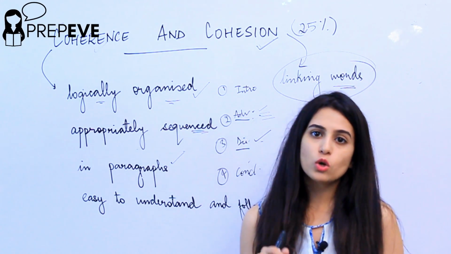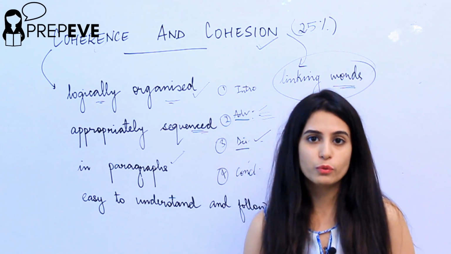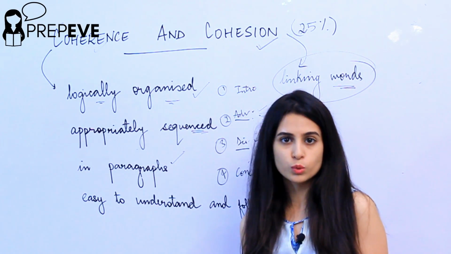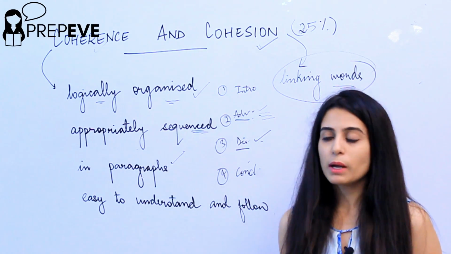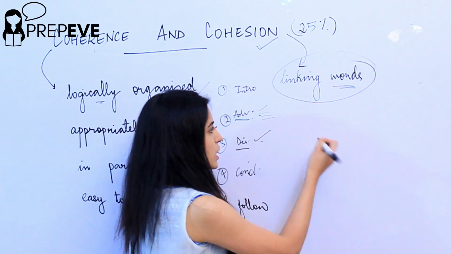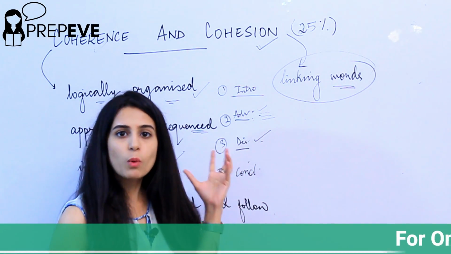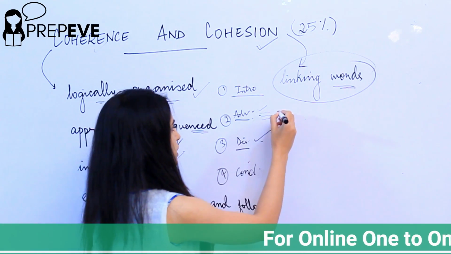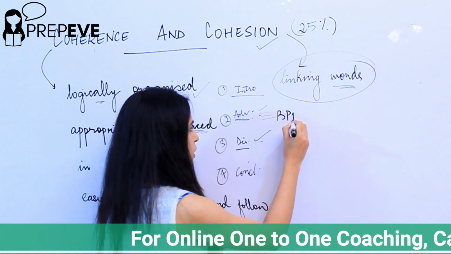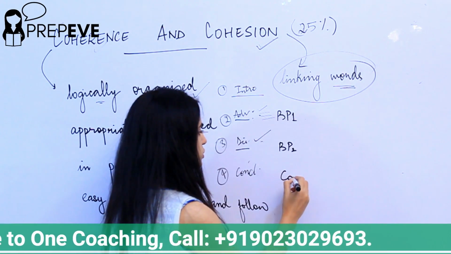So we have discussed all the different types of structures for different directives in our previous videos. So you can go watch those videos, but still in this particular video I would give you a possible structure, which is yet again your introduction. Then if you are asked advantages and disadvantages, you can have your body paragraph 1, body paragraph 2, and then your conclusion, right?